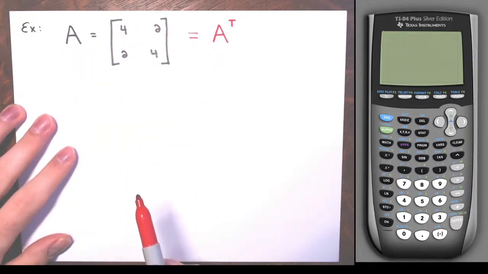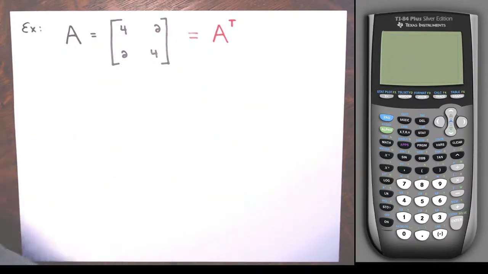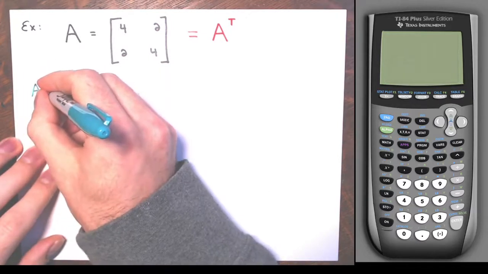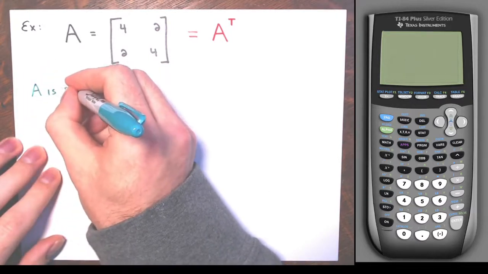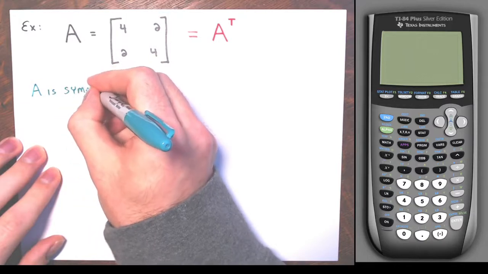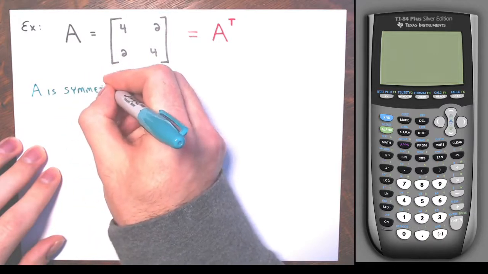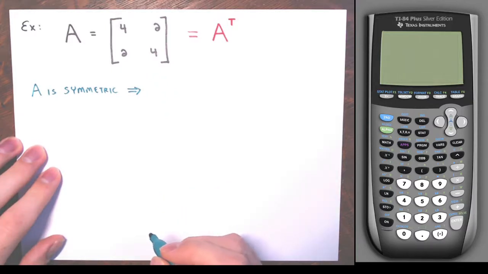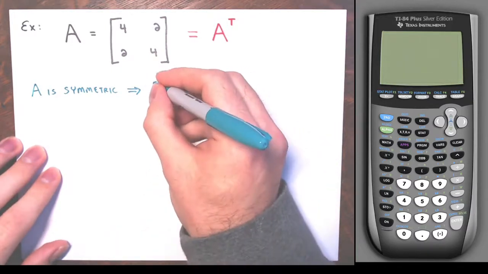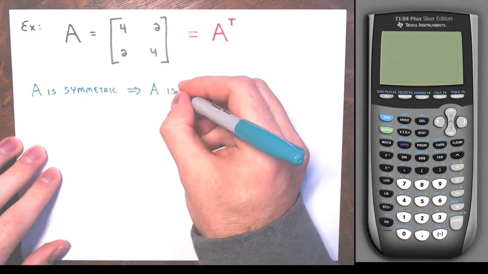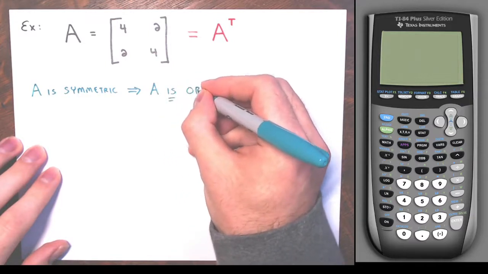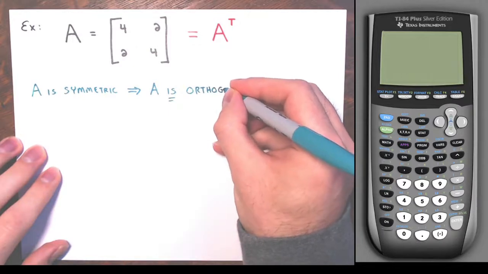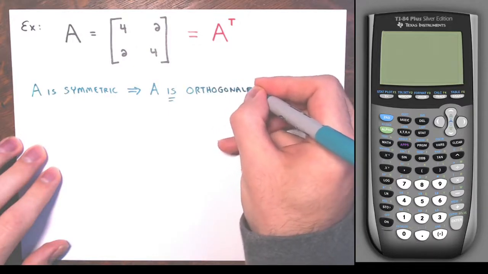This is a symmetric matrix. So A is symmetric. It's equal to its own transpose. Therefore, this matrix is orthogonally diagonalizable. And again, it's that simple to check if your matrix is orthogonally diagonalizable.